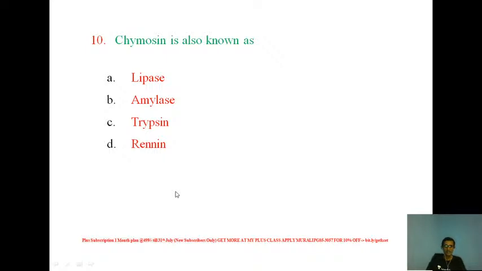It is rennin. In our digestive system, rennin is one of the important enzymes. Milk protein is going to have the action with the chymosin. So rennin or chymosin, also known as rennin, not trypsin.